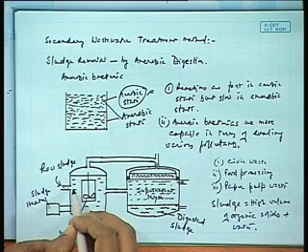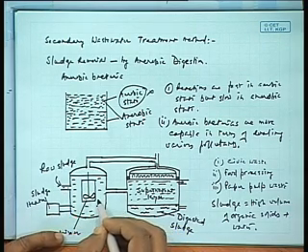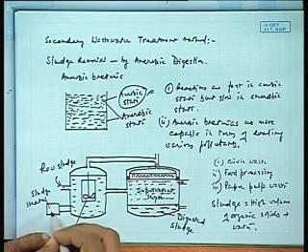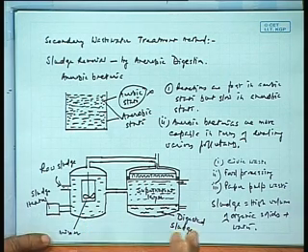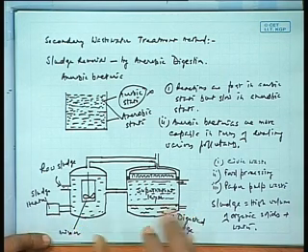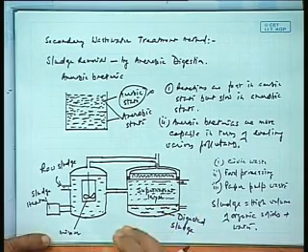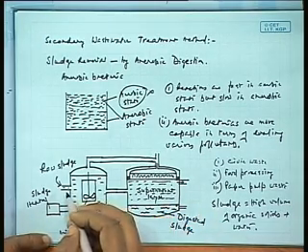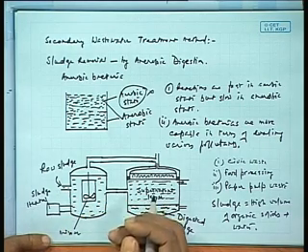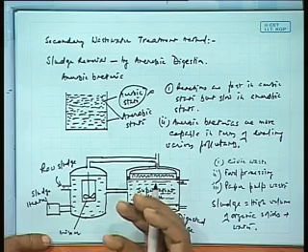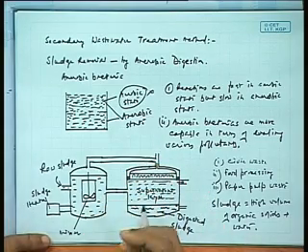So the sludge is coming in from here. The role of the sludge heater is to heat the raw sludge, particularly in cold countries, where the sludge is generally low in temperature.